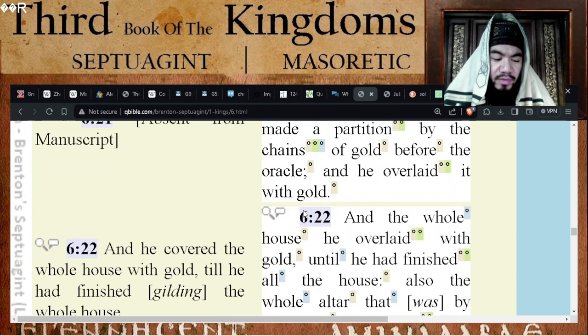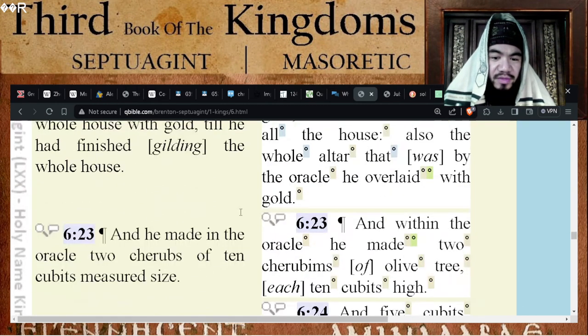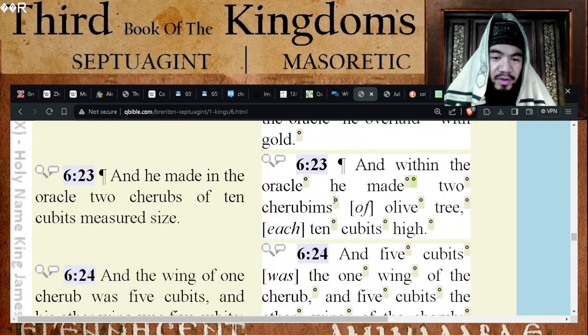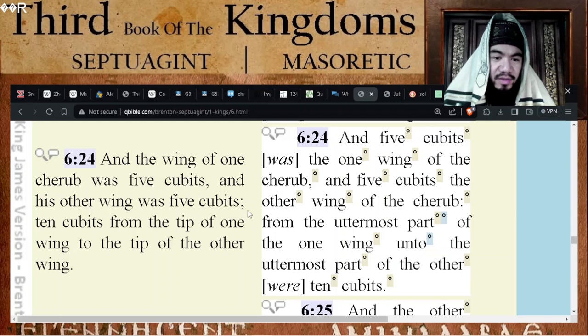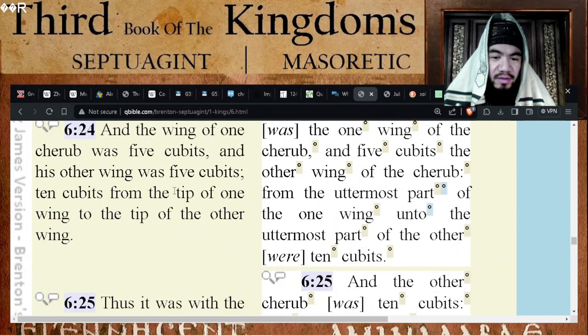Verse 23 talks about the material the cherubim were made of being olive tree. The footnote regarding the cherubim is that the tips of their wings were touching the other cherubim's wing, not touching his own wings.